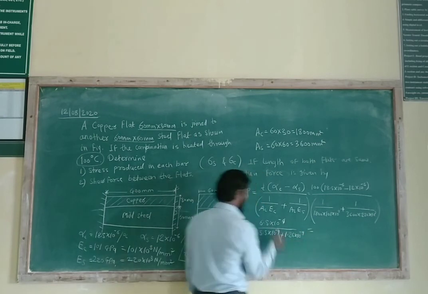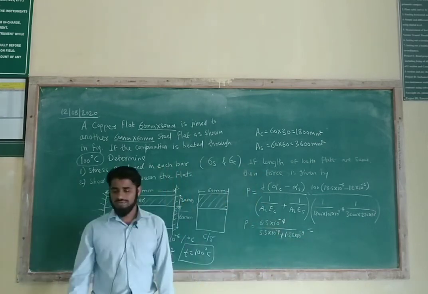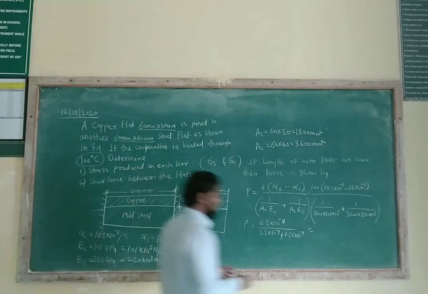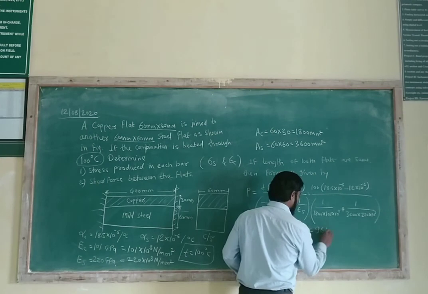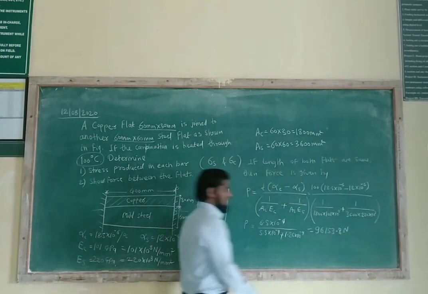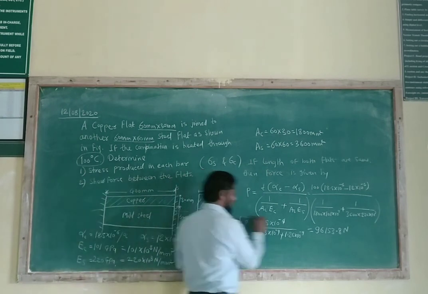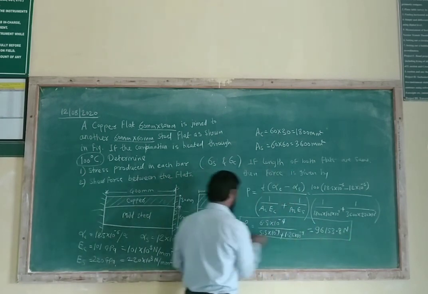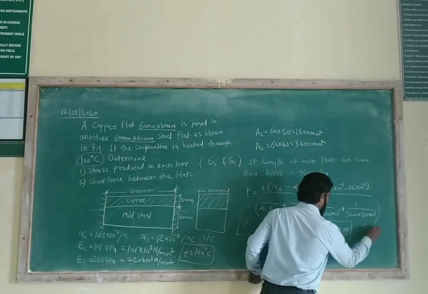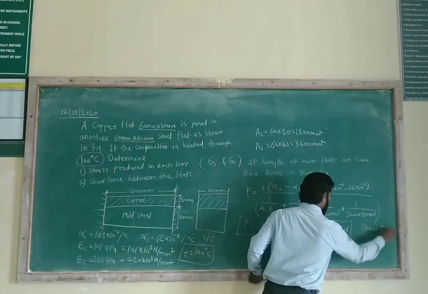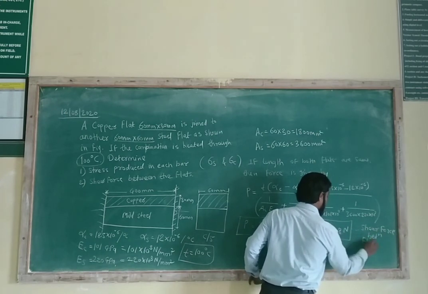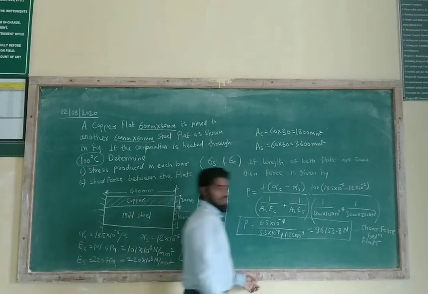When you calculate all such terms, we get the total value, 96,153.8 Newton. This is the value of the force exerted by the end supports, and I will call it the shear force between the flats, which are joined together.